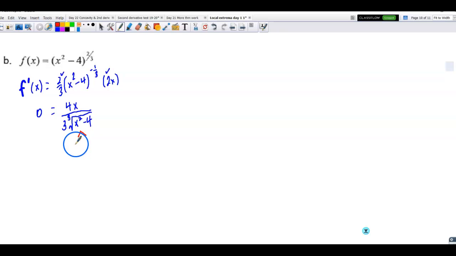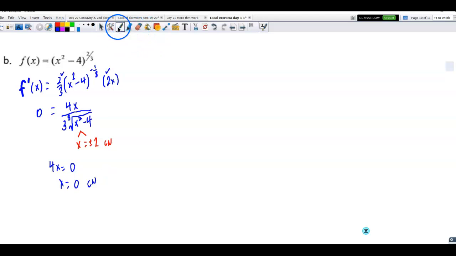So if x is equal to positive or negative 2, the first derivative is undefined, so these are two of our critical numbers. Then we're going to set the numerator equal to 0, because if a fraction is equal to 0, only the numerator can equal 0, so we get another critical number of 0.